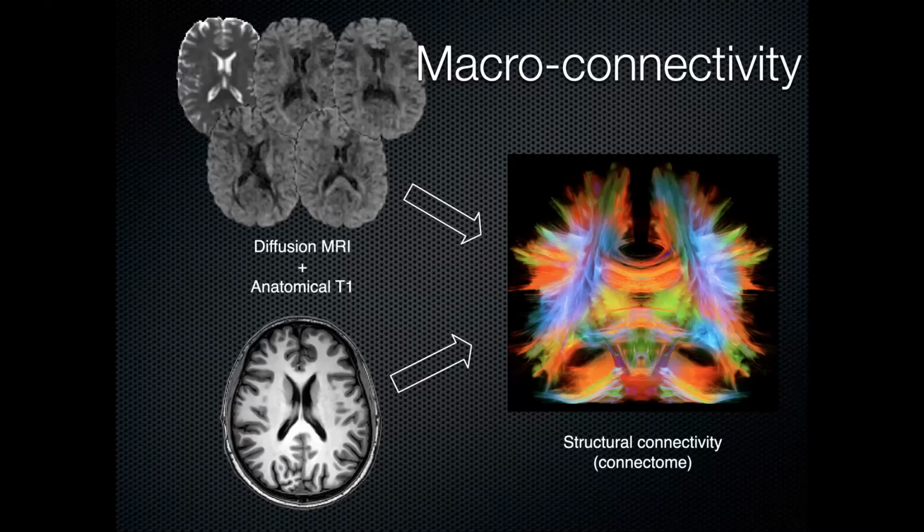I'll talk a bit more about that. We put the two together and we build a structural connectivity representation of the white matter. This is often called the tractogram, the ensemble of all the tracks that represent the white matter wiring of the brain, which can be summarized into a connectome, the structural connectome.